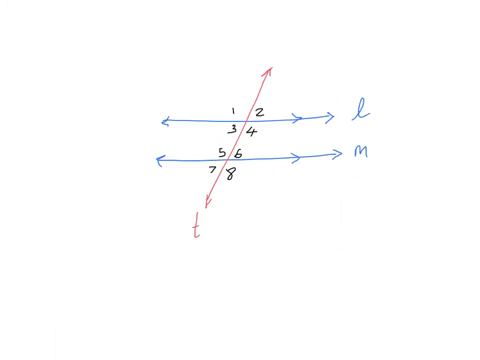Okay, so how about alternate exterior angles? We already know that our exterior angles are 1, 2, 7, and 8 because they're outside of L and M. For the alternate portion, we're looking at opposite sides of the transversal, and they cannot be adjacent to each other. So our alternate exterior angles are 1 and 8. Let's write that down.